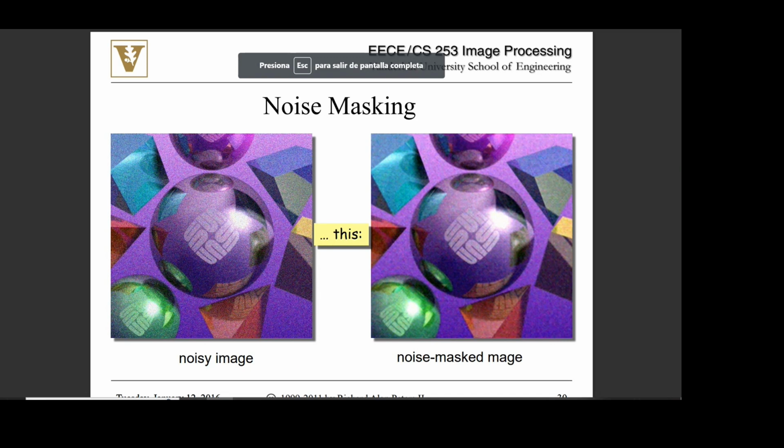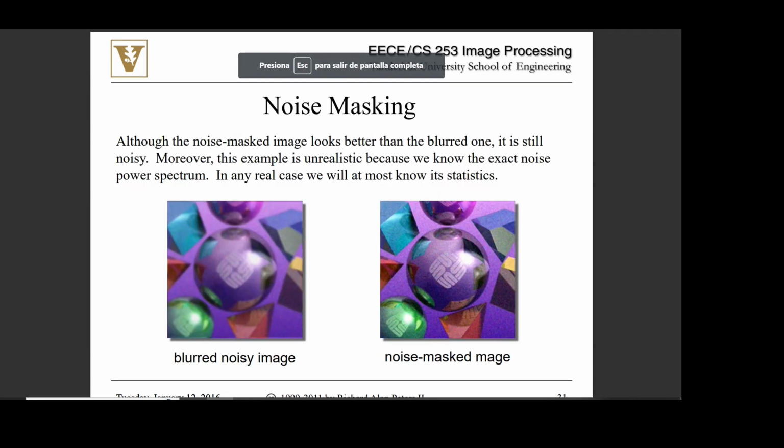So you see that the borders are much better defined than in the standard blurring. In the standard blurring, everything becomes more blurry, because I don't know exactly which coefficients have more signal than noise. If I knew, I could have a much better result.